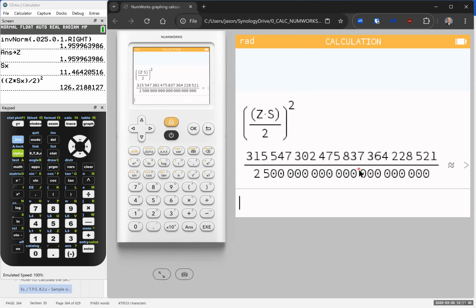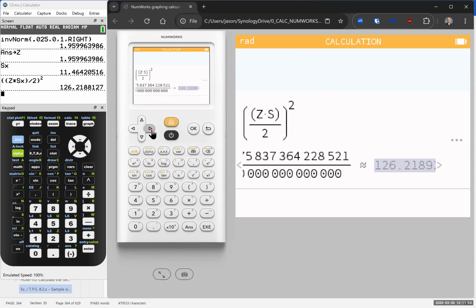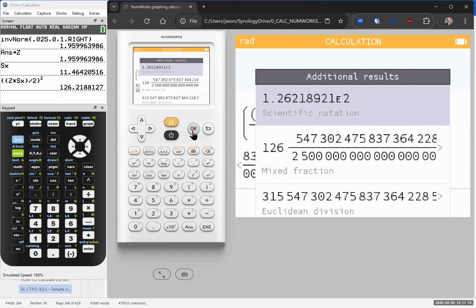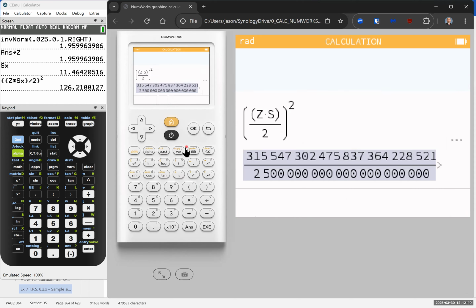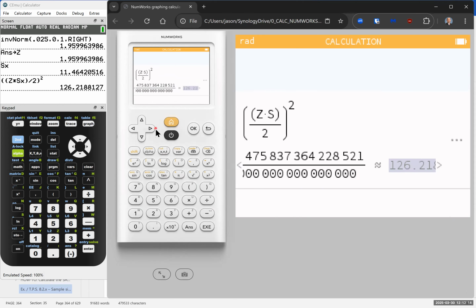That looks like an outrageously large number. Oh, it's still there. Okay, I've got to figure out how to turn that off. That's kind of weird, I don't like that it does that. Okay, so it's showing us in different, okay. So we get 126.218.219.